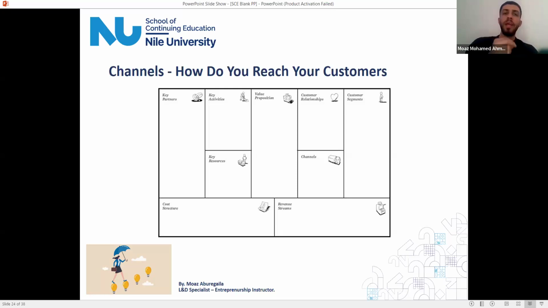So when filling this part in your BMC, think about what channels will be most effective for reaching your customers. There are lots of channels, but you have to choose the most effective ones and how well you use them to deliver your value proposition.